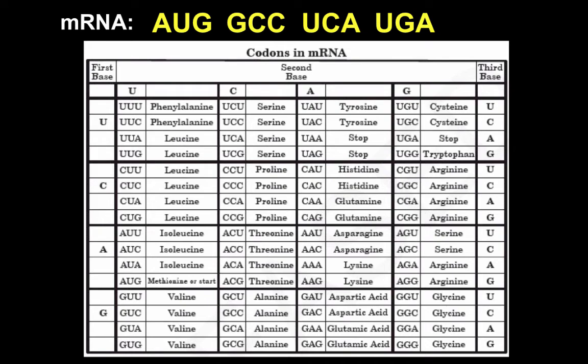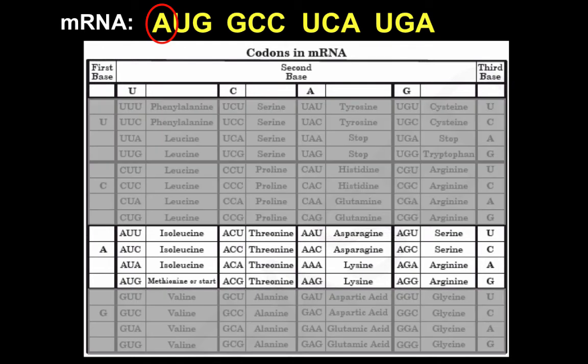So here's my mRNA sequence. All right, so let's start with AUG. AUG is going to code for a specific amino acid. So what I'm going to do is look at the first base of my codon, which is an A. And what this chart tells me is I'm just going to look on this row.